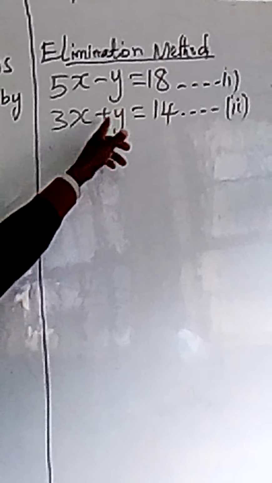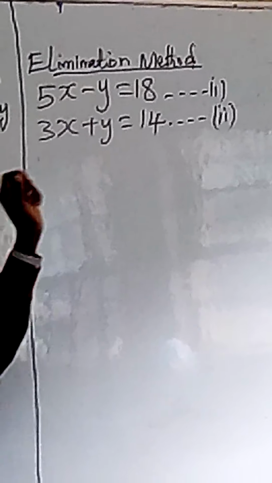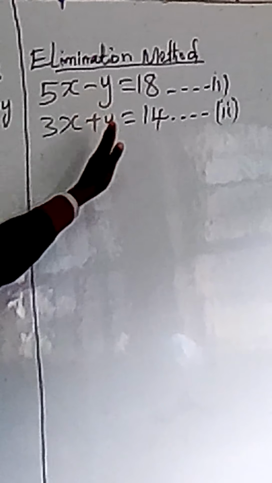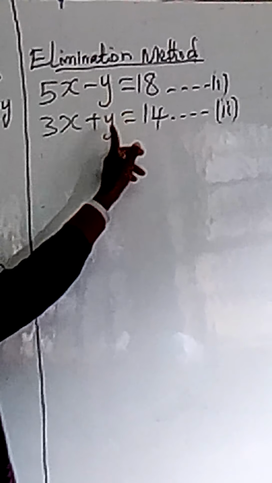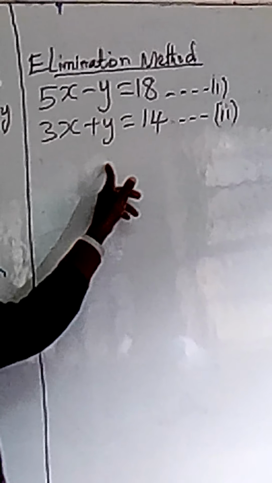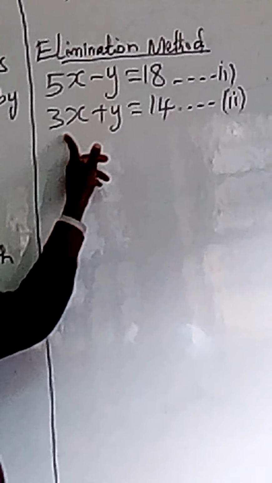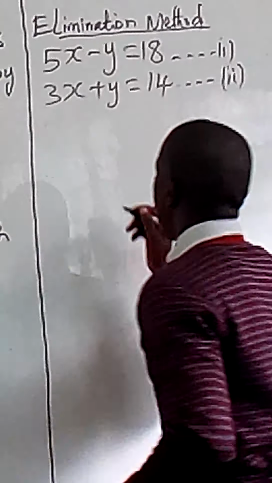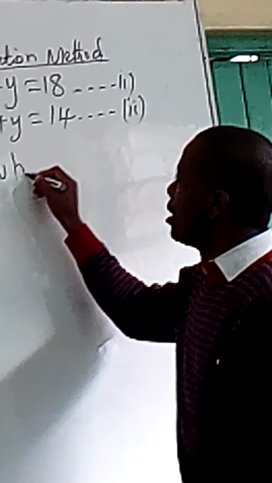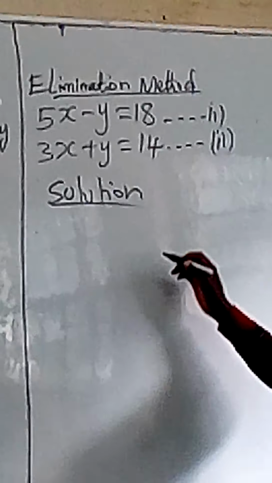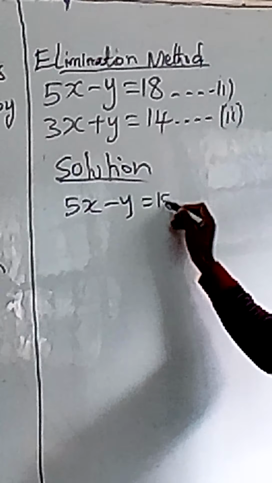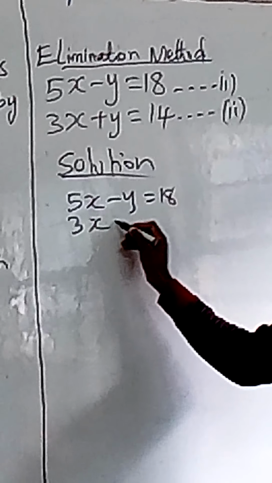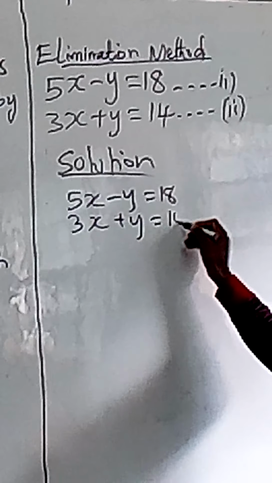So, what is to eliminate? You can decide either to eliminate x and find the value of y, or eliminate y and find the value of x. Now, how do you eliminate? This is 5x minus y equals 18, and 3x plus y equals 14.